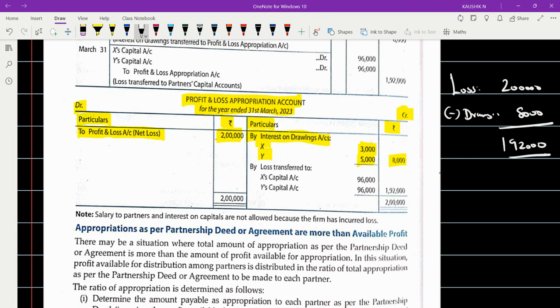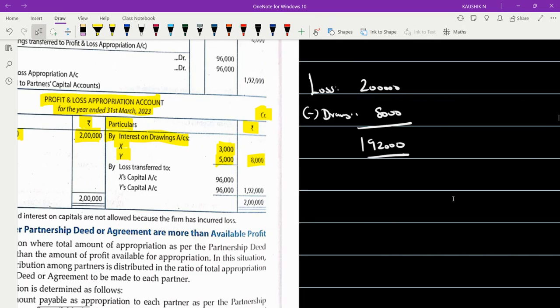This 1 lakh 92,000 is what we call divisible loss or distributable loss. Like how we conclude distributable profit or divisible profit, in the same way this 1 lakh 92,000 is declared as divisible loss or distributable loss.